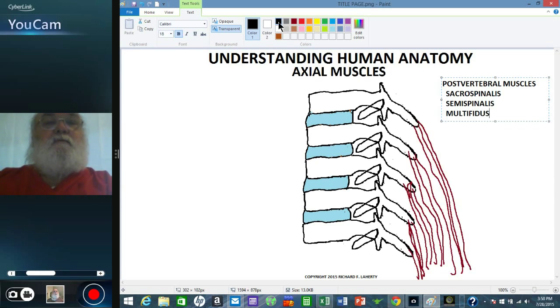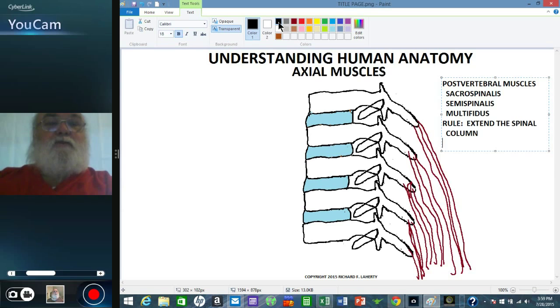Now, when dealing with these muscles, there is a general rule. And that is, all the postvertebral muscles extend the spinal column. They extend the spinal column as a group.